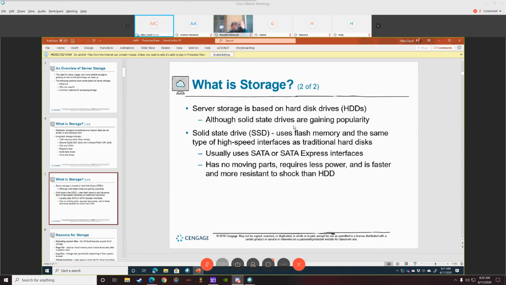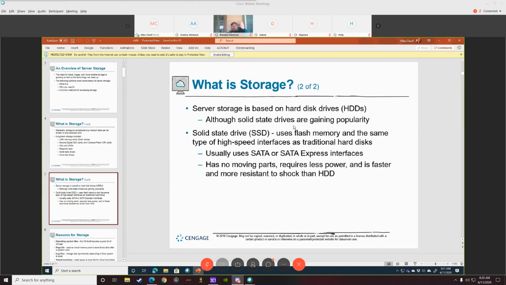Each device connected to that SCSI controller had something called a LUN. It's just like a logical ID. Okay, but IDE is gone long time ago.